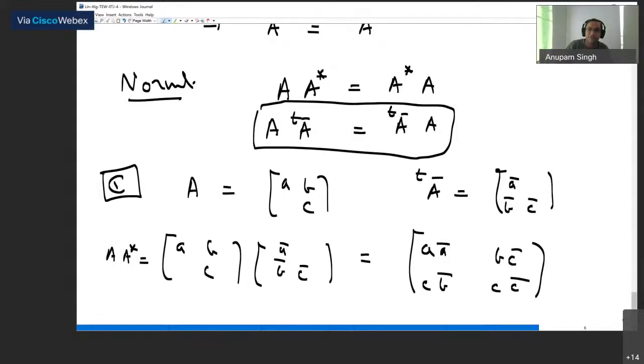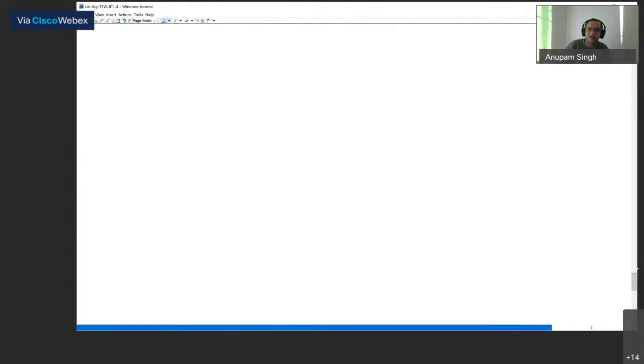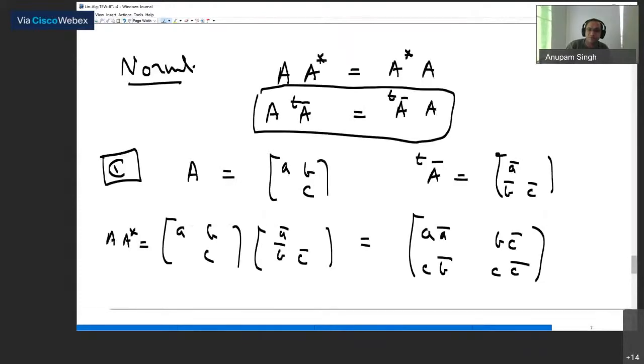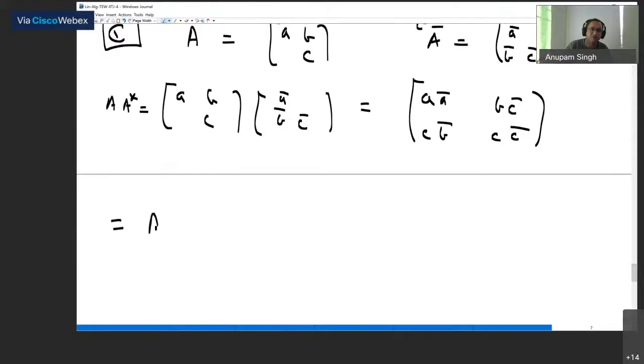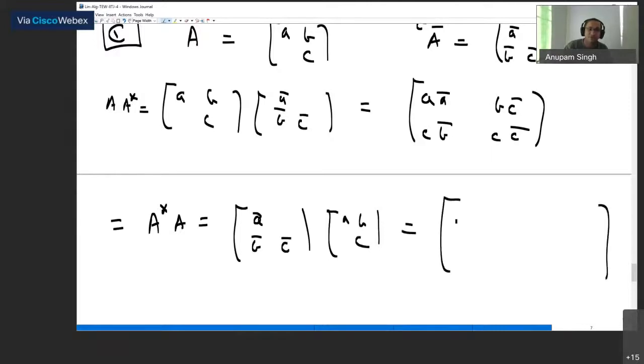And this is supposed to be equal to A star A. And A star A would be a bar, 0, b bar, c bar here, and a, b, 0, c here, which will give me a bar a, a bar b, b bar a, b bar b plus c bar c.